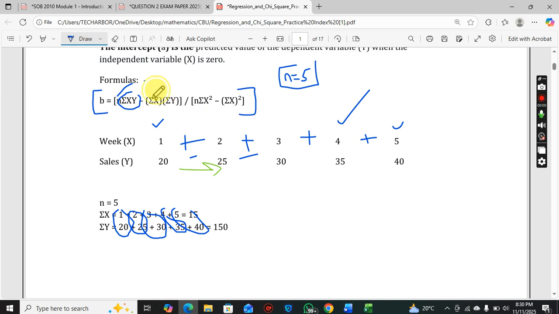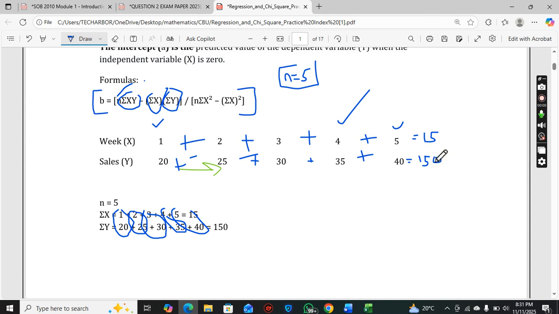That is this sigma x. Okay, we got 15. Sigma y, we're adding 20 plus 25 plus 30 plus 35 plus 40. We got 150.